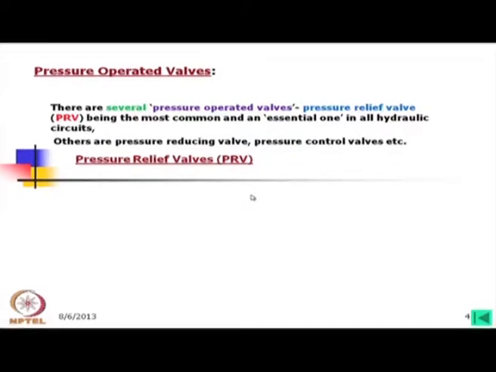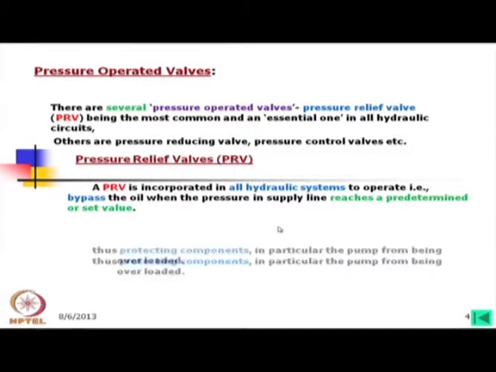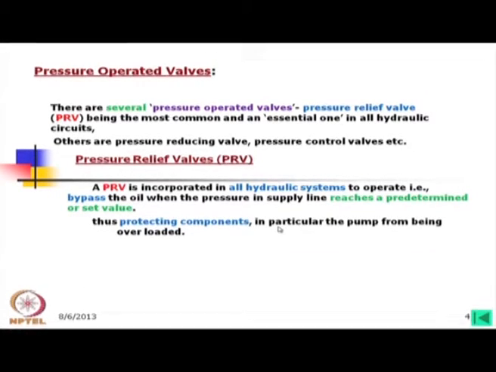Now, pressure relief valve. A PRV is incorporated in all hydraulic systems to bypass the oil when the pressure in the supply line reaches a predetermined or set value, thus protecting components, in particular the pump, from being overloaded.